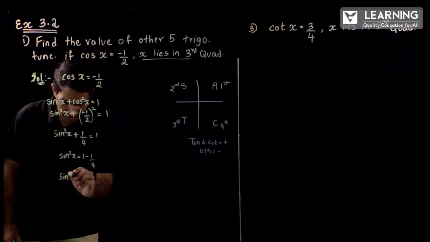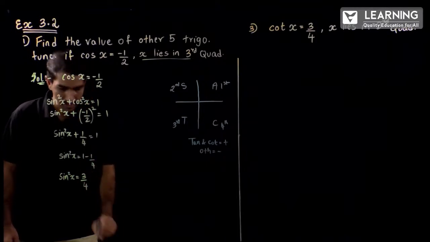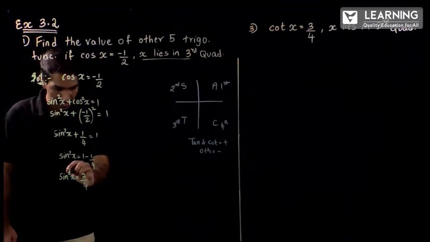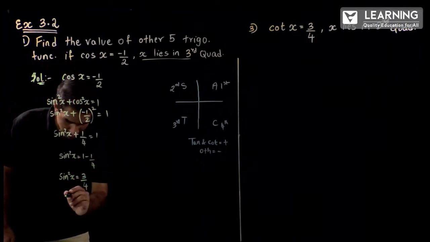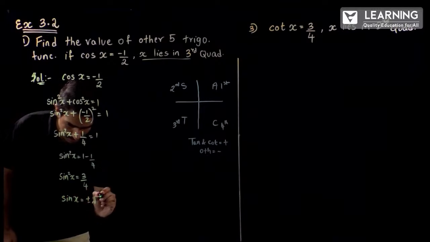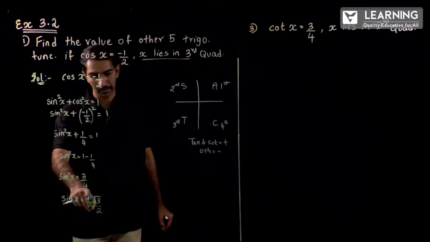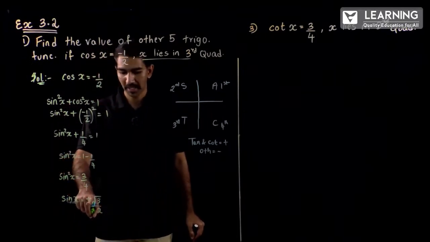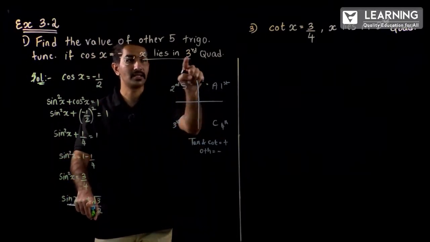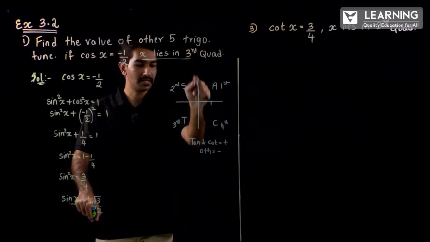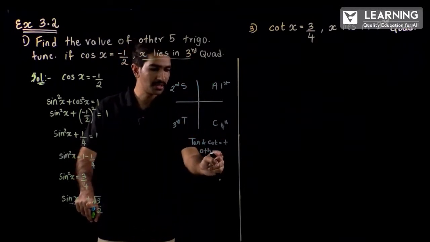So sine square x will be equal to 3 by 4. Sending the square to the other side means taking roots on both sides. You will get sine x is equal to plus or minus root 3 by 2. Now we are getting two values here, plus or minus. So which value should we consider? See here again, x lies in the third quadrant. If x is lying in the third quadrant, the other ratios are negative.